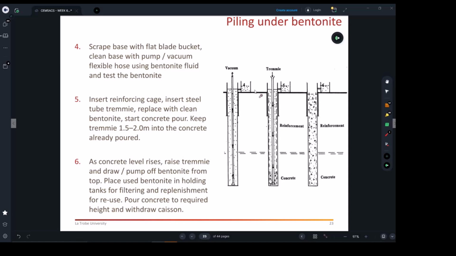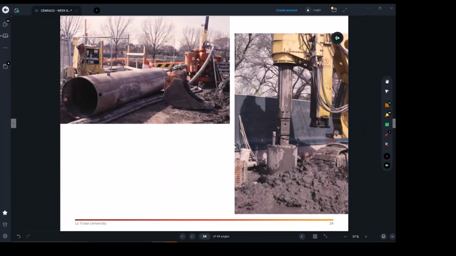If you've got a water table, then definitely you need to think about using a drilling fluid like bentonite in the process. In a project, don't think that all the piles will need that. Maybe you will have 10 piles requiring the bentonite shoring, and maybe the other 20 can be done without it. So it can vary in a project. It's not always the situation.